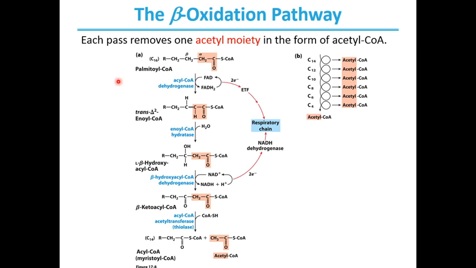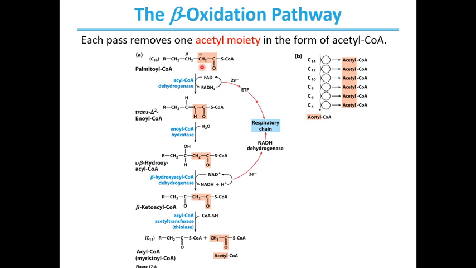Once palmitoyl-CoA enters the mitochondrial matrix, an enzyme called acyl-CoA dehydrogenase acts on it and oxidizes palmitoyl-CoA to trans delta 2 enoyl-CoA. This is how it does it. It uses FAD as a cofactor and reduces FAD to FADH2.